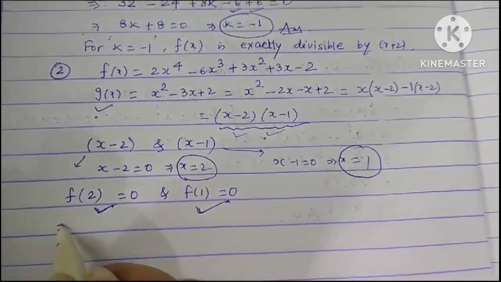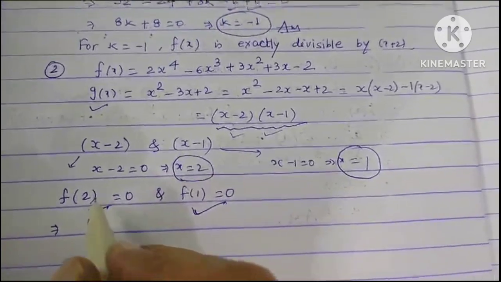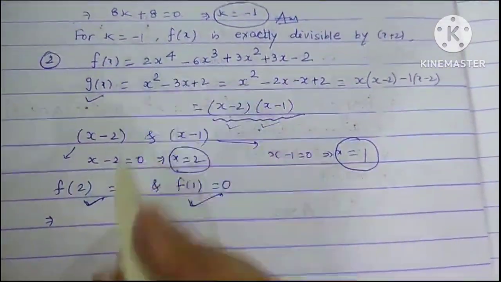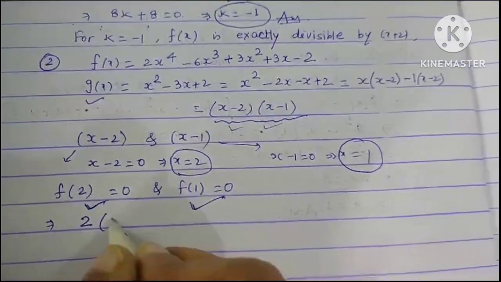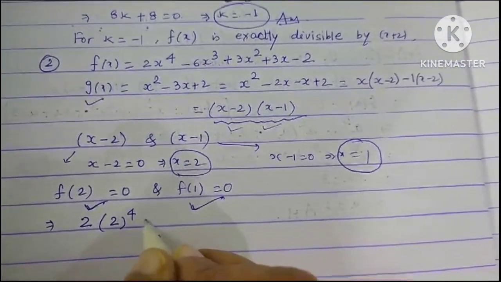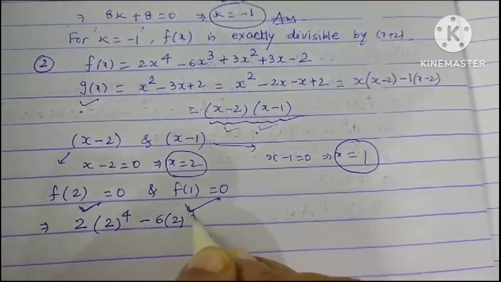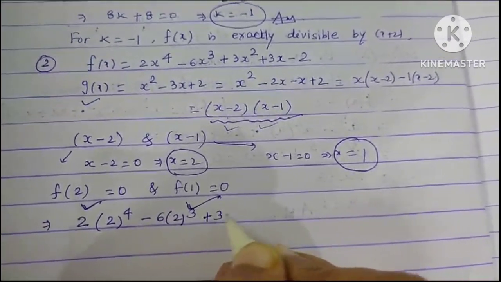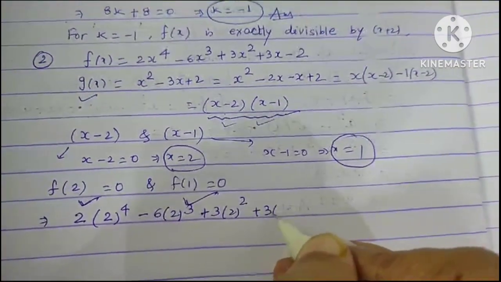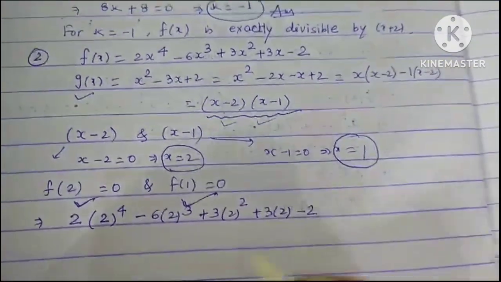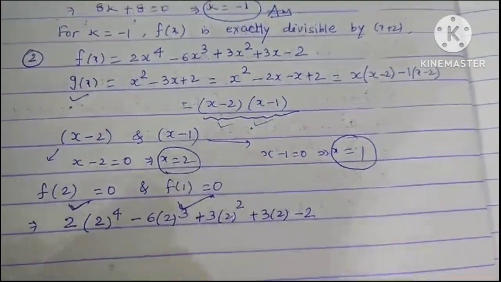So first one, let us put 2 in f(x), f(2) equal to 0. From the first one you will get 2 into 2 to the power 4 minus 6 into 2 to the power 3 plus 3 into 2 to the power 2 plus 3 into 2 minus 2. Let us see whether it is 0 or not.